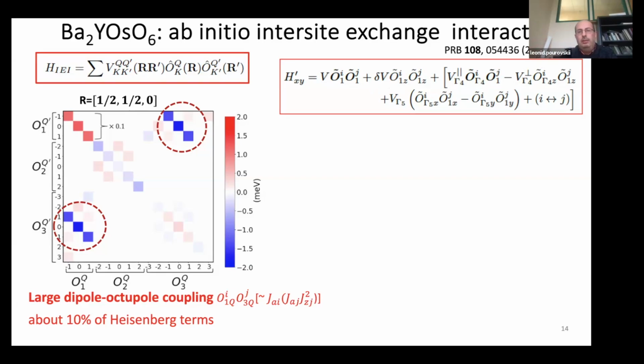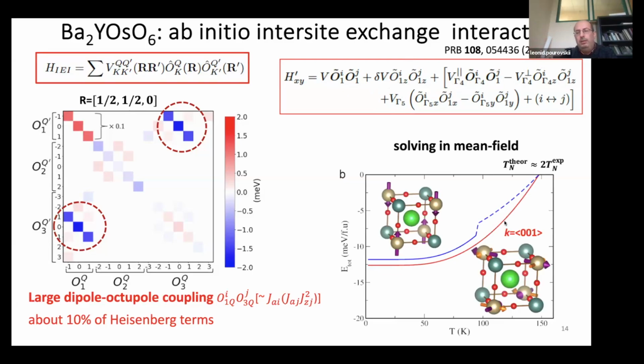So the Hamiltonian has only cubic symmetry and not continuous one. Then one can solve this in mean field, and indeed, mainly due to the effect of these dipole-octupolar couplings, one gets this kind of 2K structure, which is somewhat lower in energy than a longitudinal 1K structure, which is competing in our case.